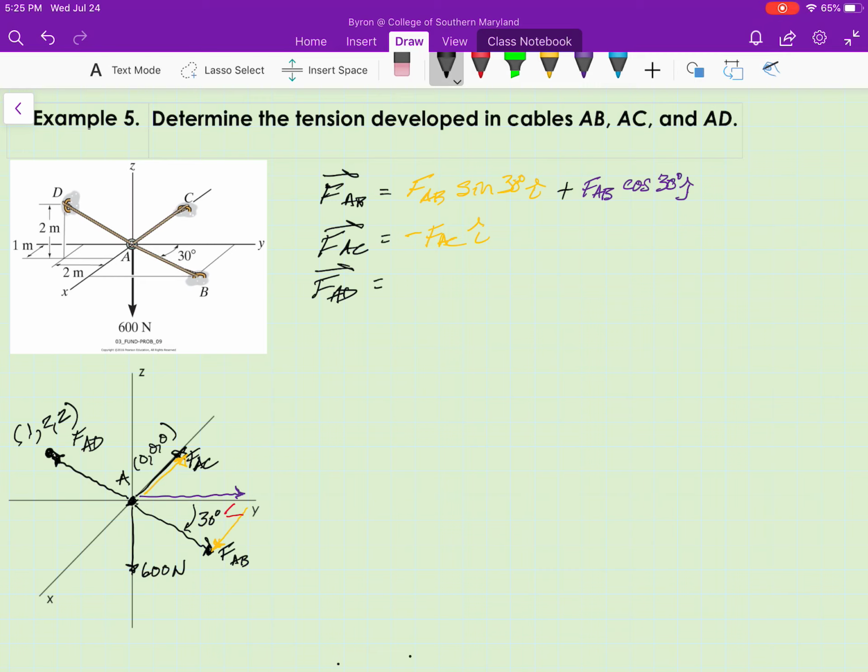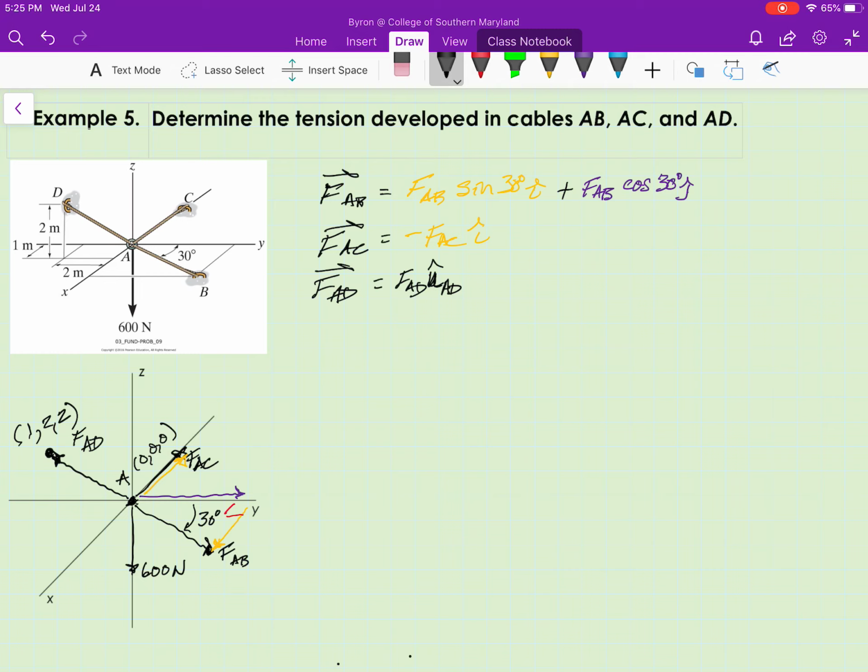So I can write FAD as the magnitude of FAD times a unit vector in the direction of the line between A and D, and it needs to have the same sense as the force.